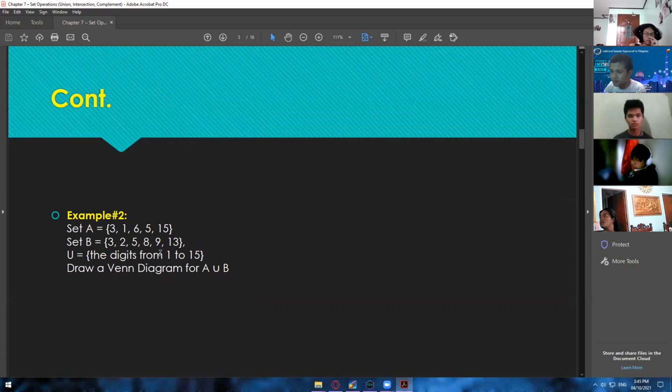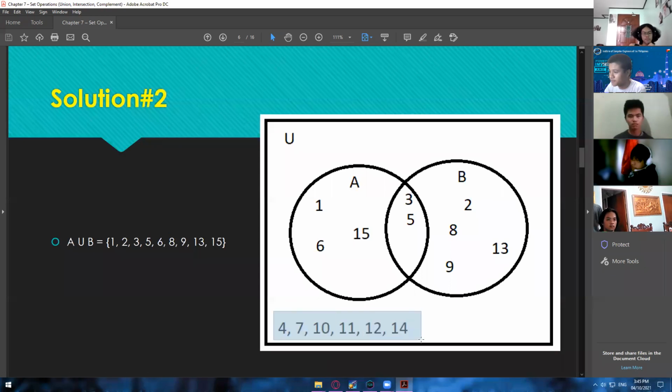For the remaining numbers that are not included in set A and set B, just put them right here, which are 4, 7, 10, 11, 12, 14.